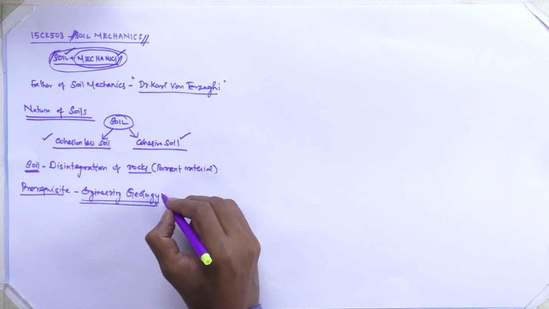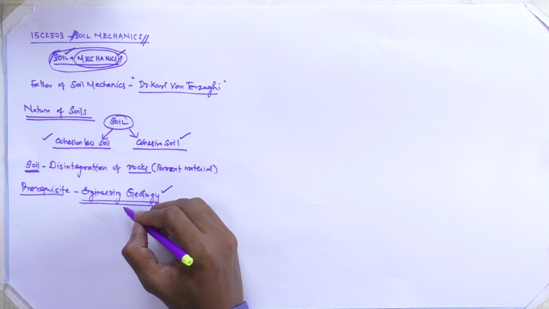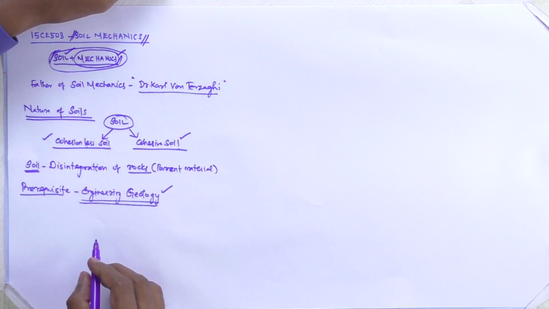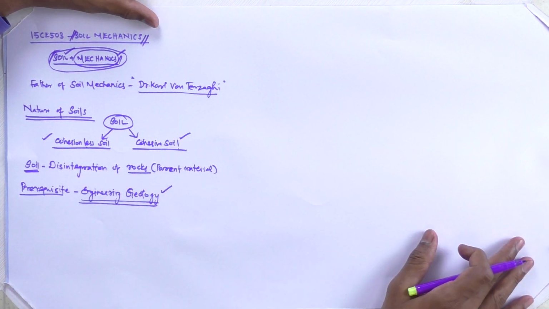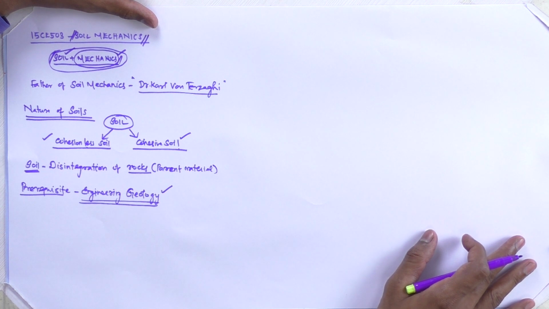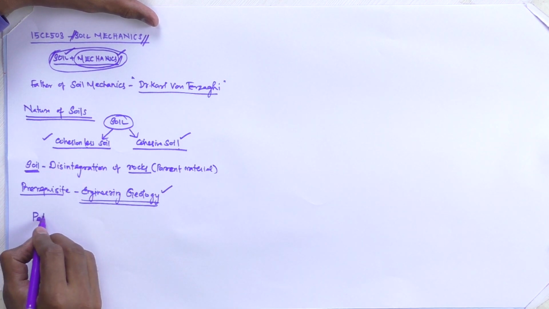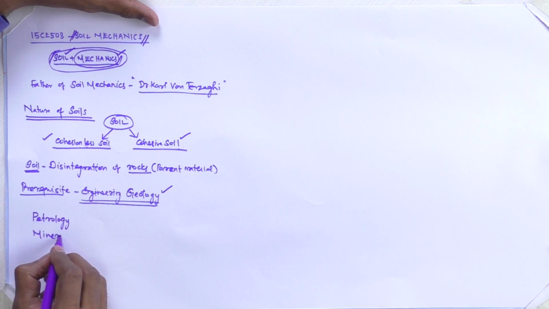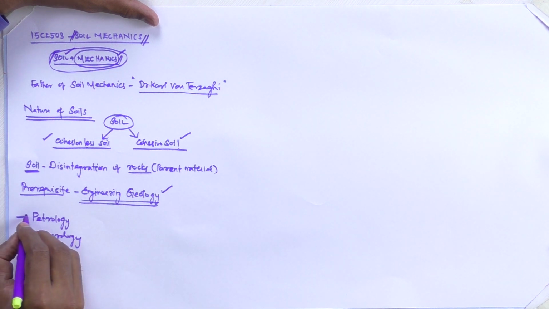With the help of this engineering geology subject, I can explain cohesionless soil and cohesive soil respectively. So what do we have to learn in engineering geology? It is petrology and mineralogy.